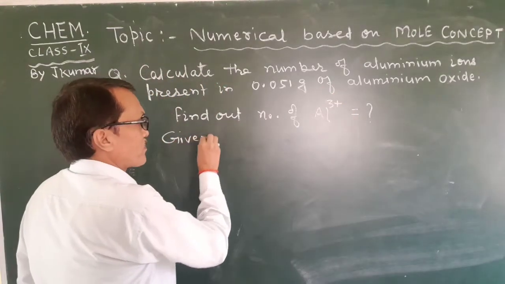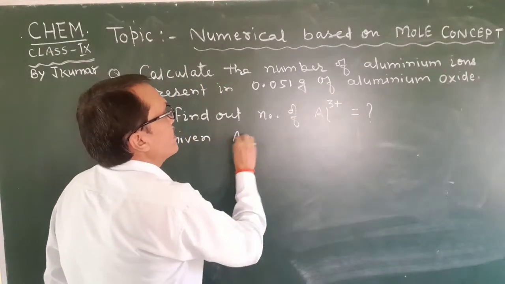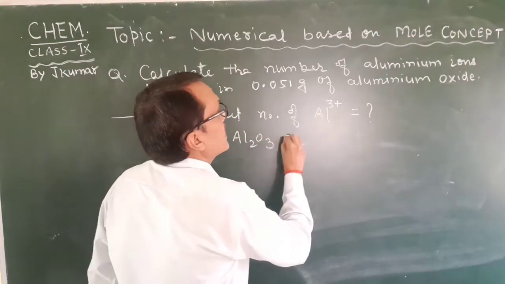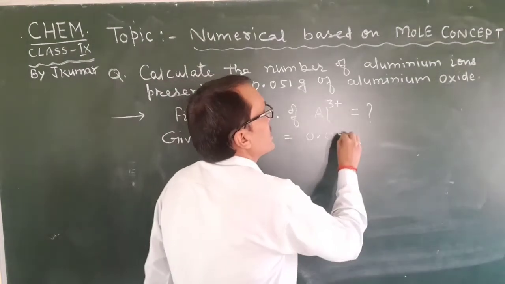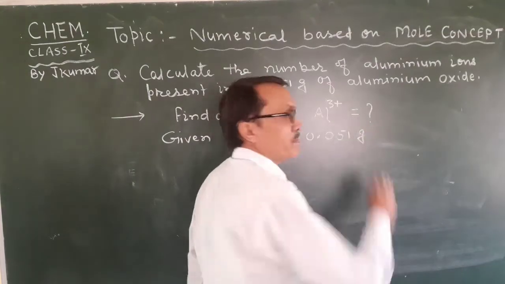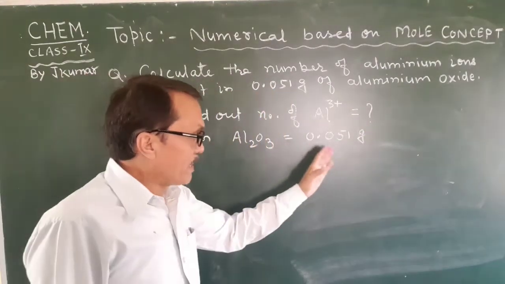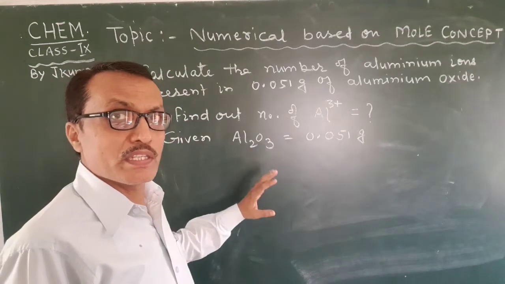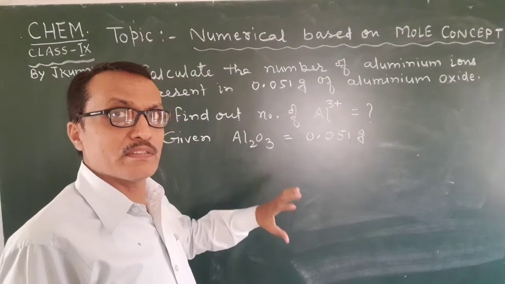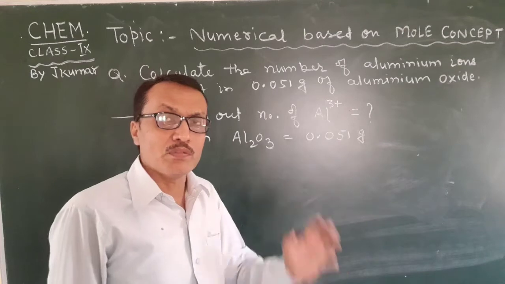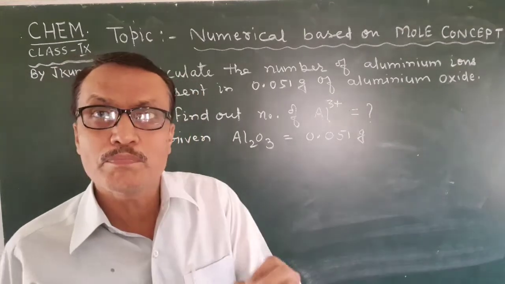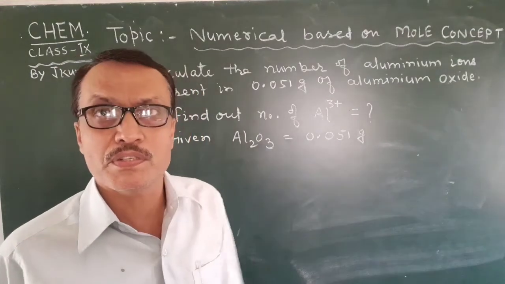Given: aluminum oxide equal to 0.051 gram. So 0.051 gram of aluminum oxide has been given, and in that aluminum oxide you have to find out the number of aluminum ions.